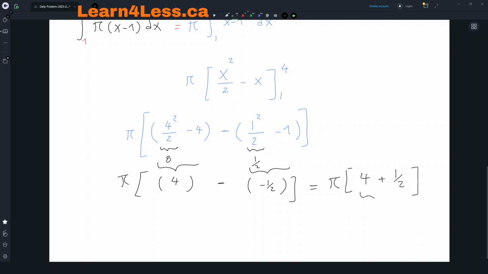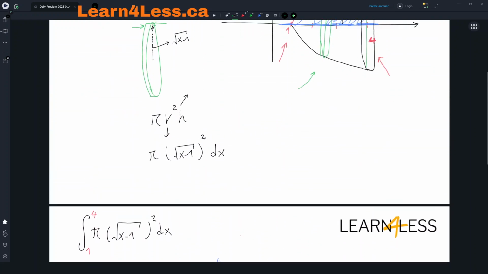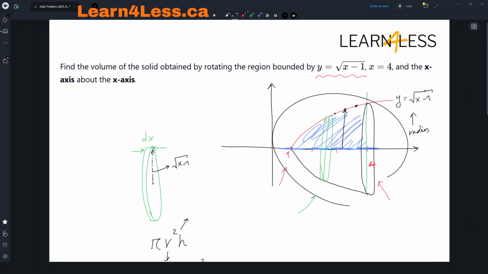The common denominator here would be 2. So instead of 4, I can write 8 over 2 plus 1 over 2, which adds up to 9 over 2. So 9 over 2 pi would be the volume of this solid, this three-dimensional object, which is a result of rotating this region around the x-axis.